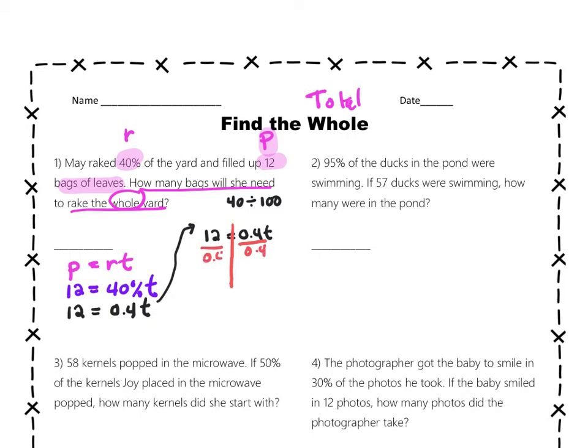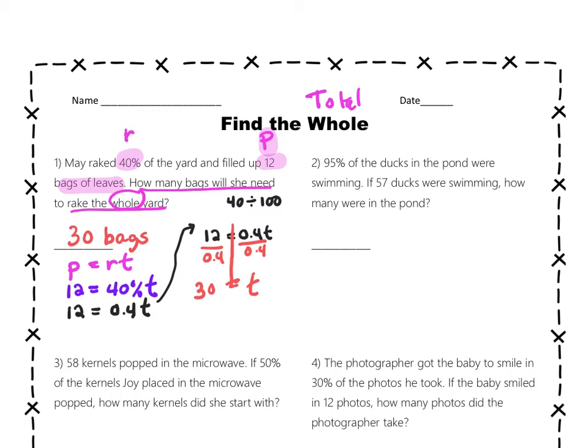Pause and use your calculator to see what 12 divided by 0.4 is. The answer is 30, so 30 equals T. Once again, let's read what we found: how many bags will she need to rake the yard? She needs 30 bags, and we can write that on this line. So let's write 30 bags.